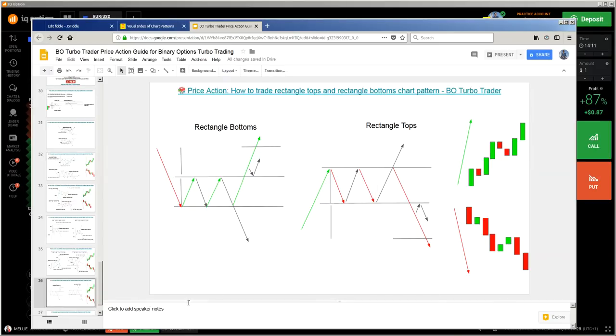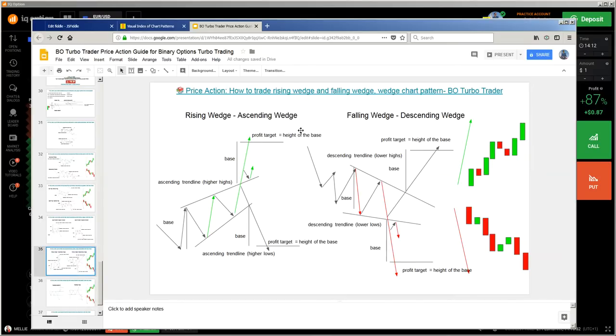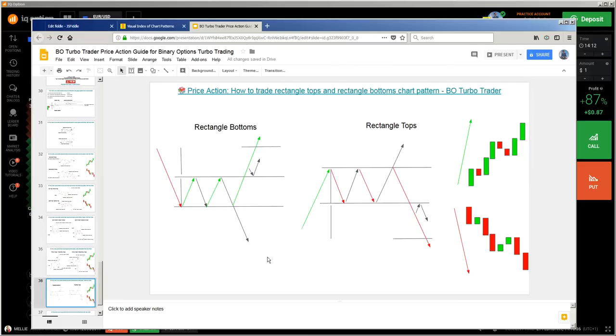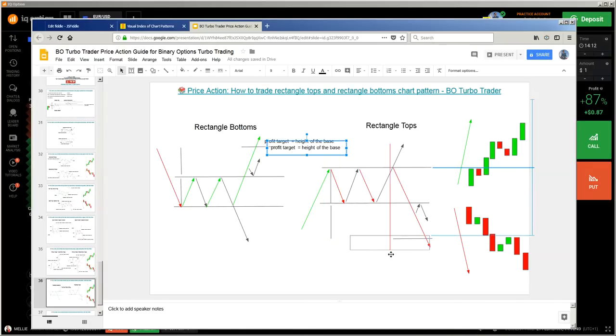So let me get here some kind of explanation. Yes, here we have the same stuff like this one. And then we have discussed all kinds of chart patterns. I'm happy that I have finished this because I know the theory is always boring, yes, but you have to know this to understand the chart.